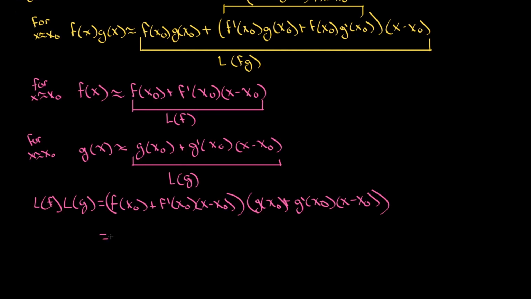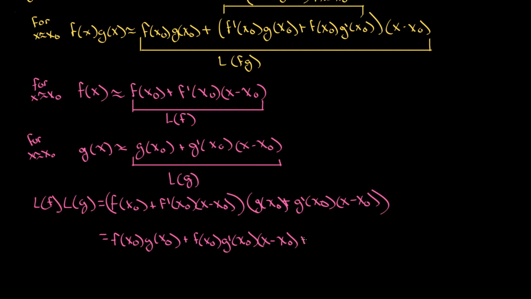So we're going to get f of x naught times g of x naught. And now let's go here. So we have f of x naught times g prime of x naught times x minus x naught. And now we'll go here.